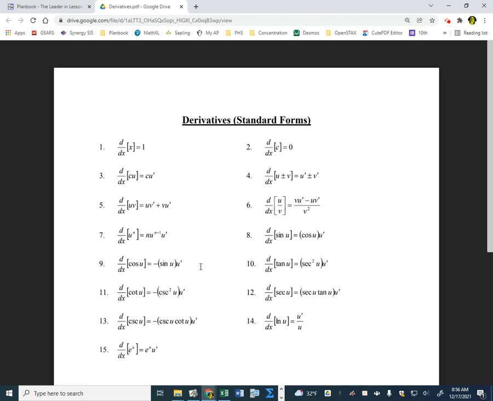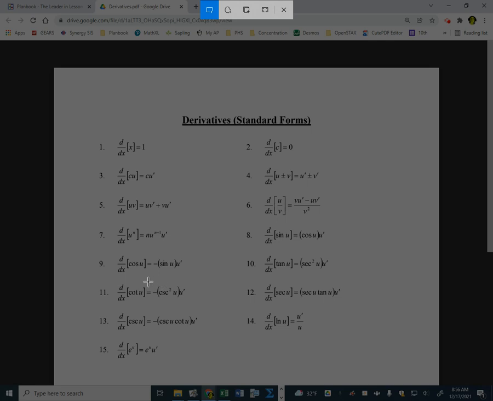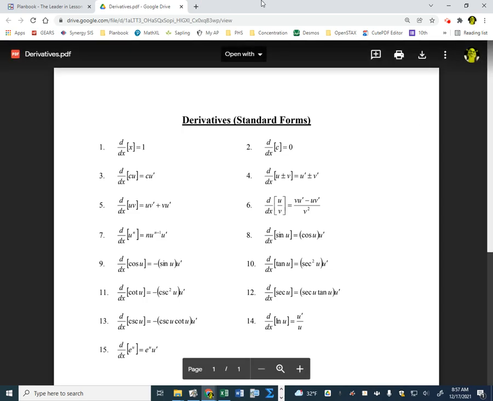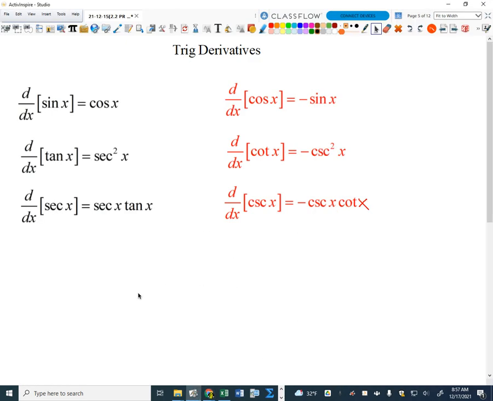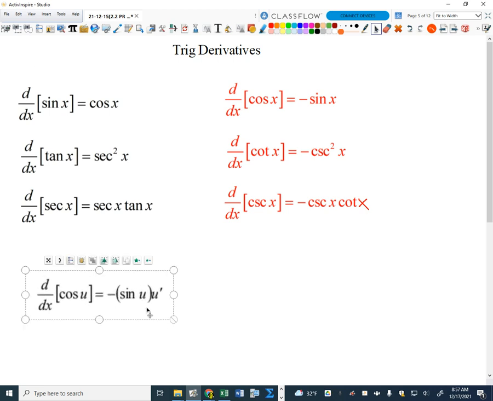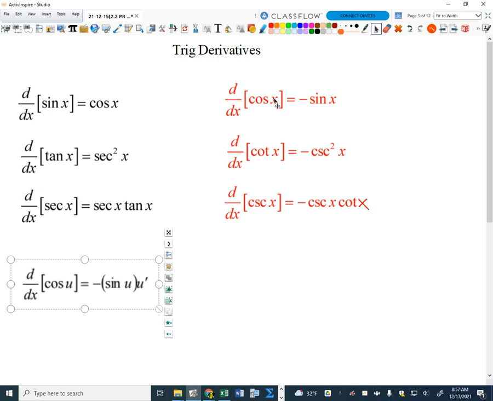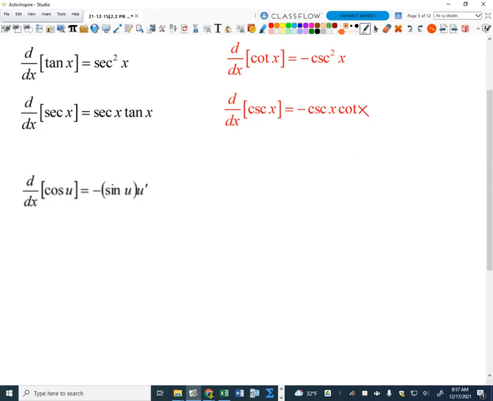We'll just do this one as an example. How does this one correspond with the derivative form above? Well, if we're just using x's, what would this become? If we're saying that u is just replaced by x, what does this become?